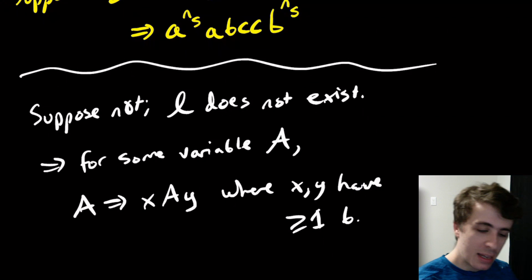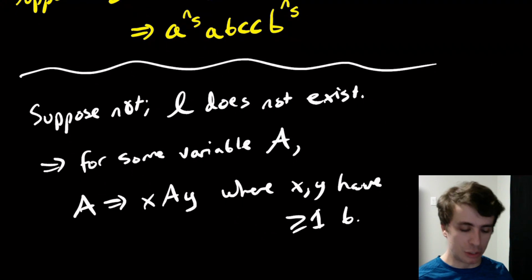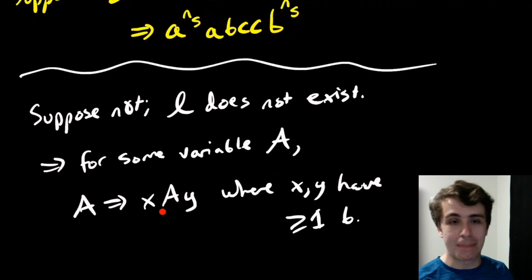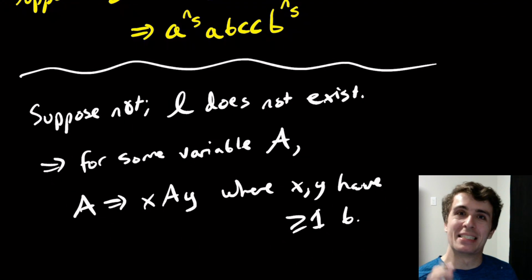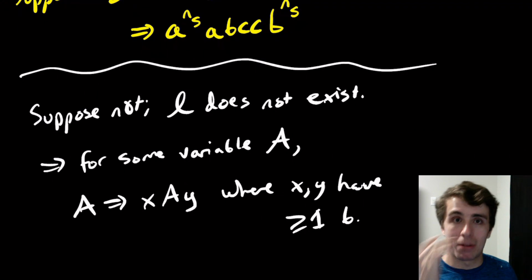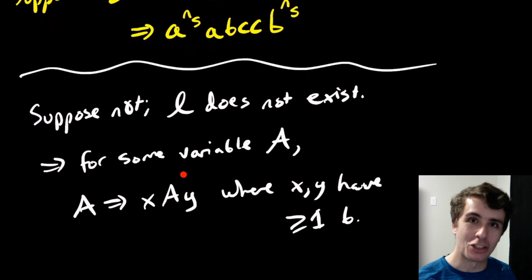Because if they didn't, then there are only finitely many rules, and so I can only get a finite number of b's as a result. So there must be some kind of cycle that happens here. But this type of variable must be either of type 2 or 3, because that's how we defined it here. And so that's a contradiction, because we assumed that L doesn't exist, which means that if we involve type 1 variables, then we must involve a type 2 variable, which is a contradiction.